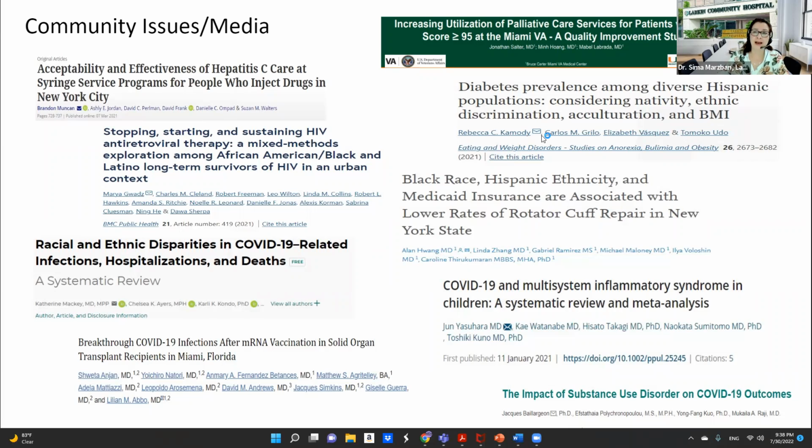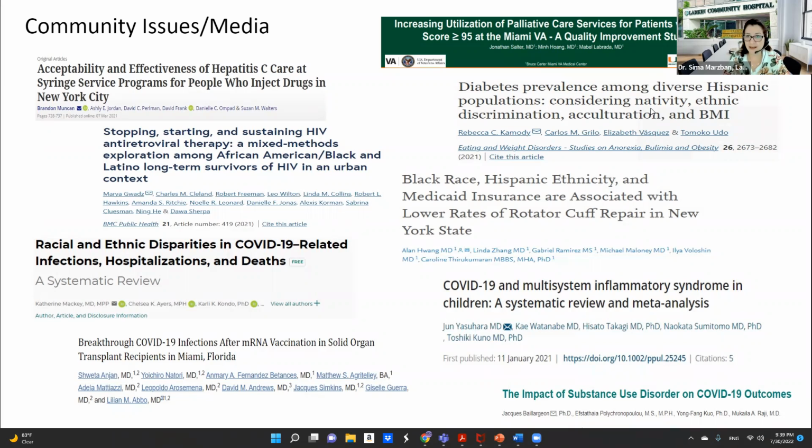Increasing utilization of palliative care services for patients with a CAN score at the Miami Military Hospital, a quality improvement study. Again, it has a targeted issue in a specified and defined population and context. Diabetes prevention among diverse Hispanic population, considering nativity, ethnic discrimination accumulation, and BMI.